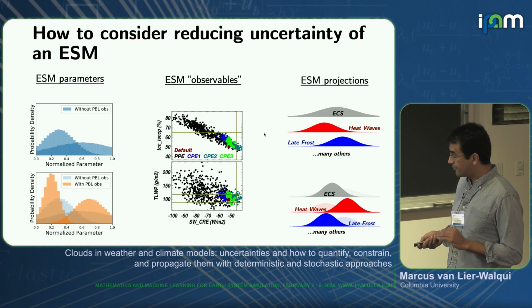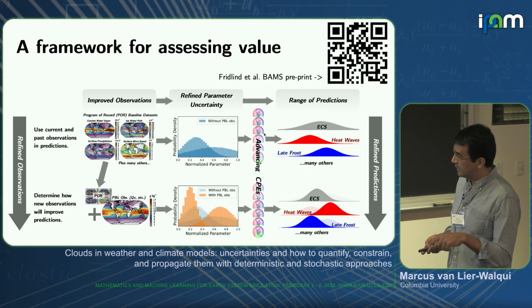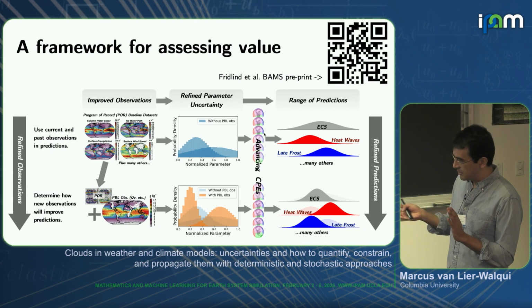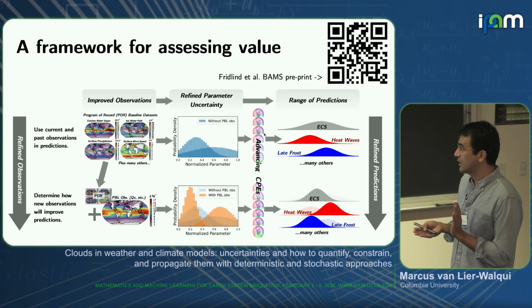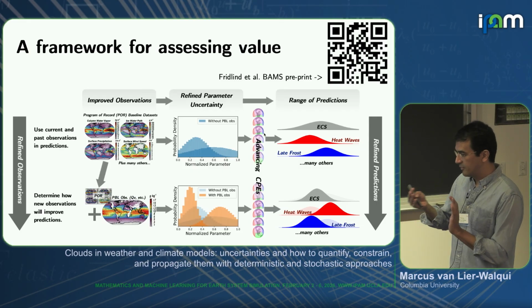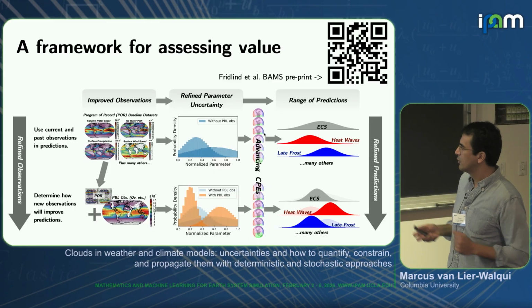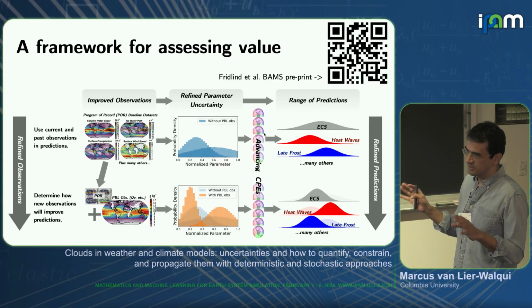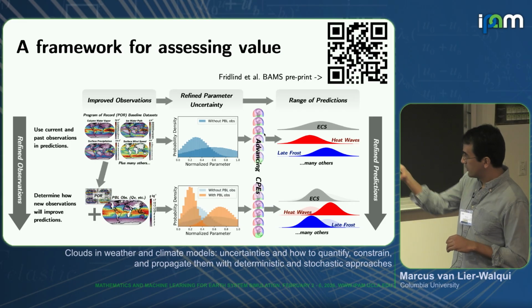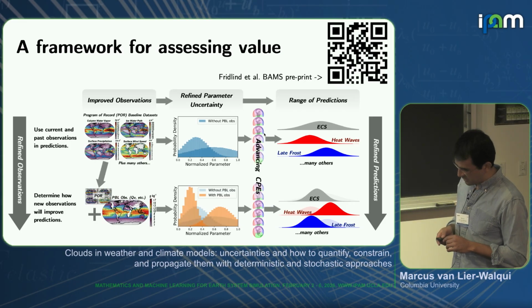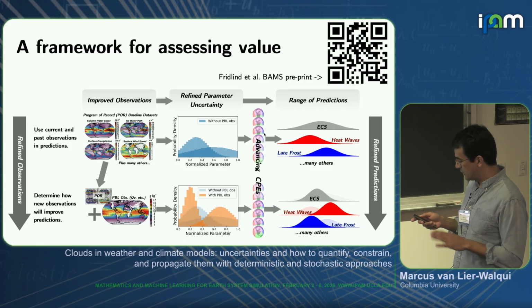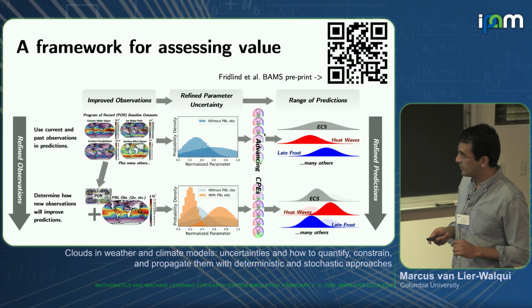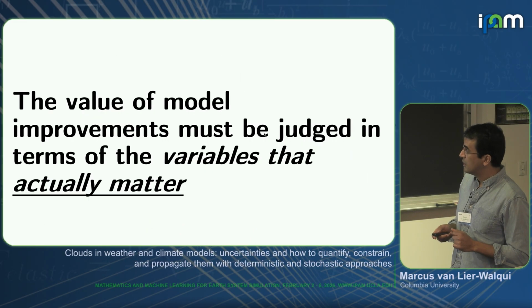So, I think this is something that we need to do, kind of switch evaluation of our models in part from this sort of parameter or science space, or however you want to call it, to this sort of impact space. There's a preprint by Anne Fridland that's out there. I'm just going to zoom past this, so if you need to get that reference, please find me.